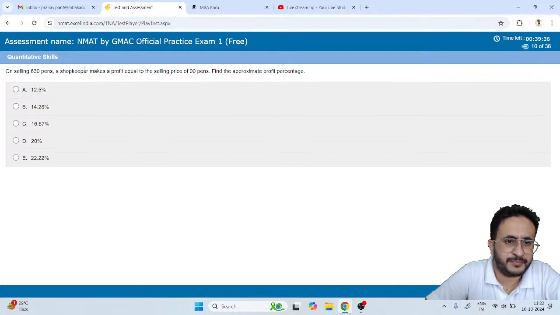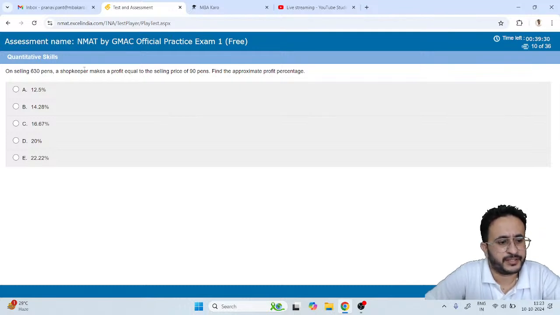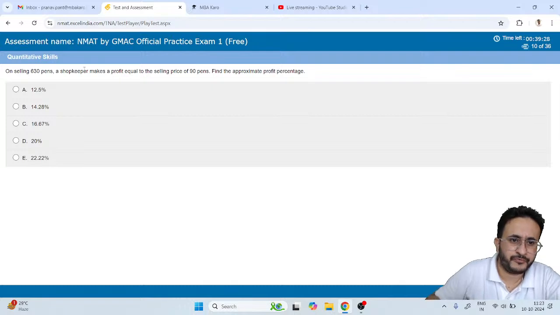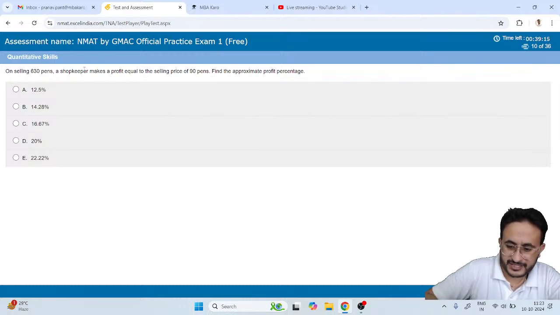On selling 630 pence, a shopkeeper makes a profit equal to the selling price of 90 pence. Find the approximate profit percentage. Okay, in this again we will have the same thing that we did previously. Again, need to refresh this. So 630 pence, so cost price is 1.